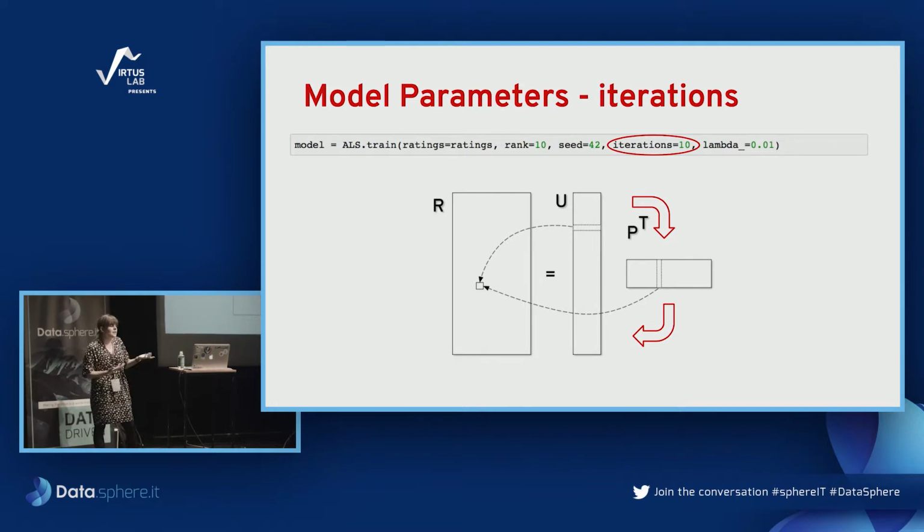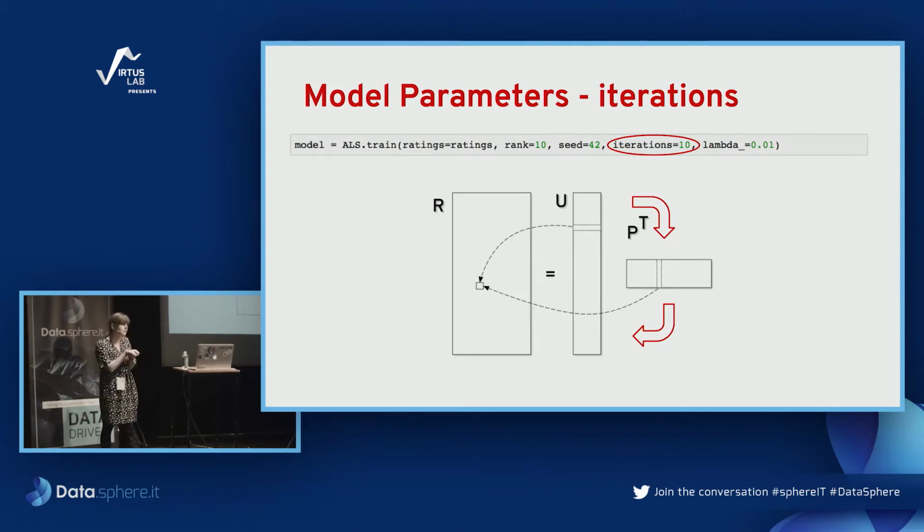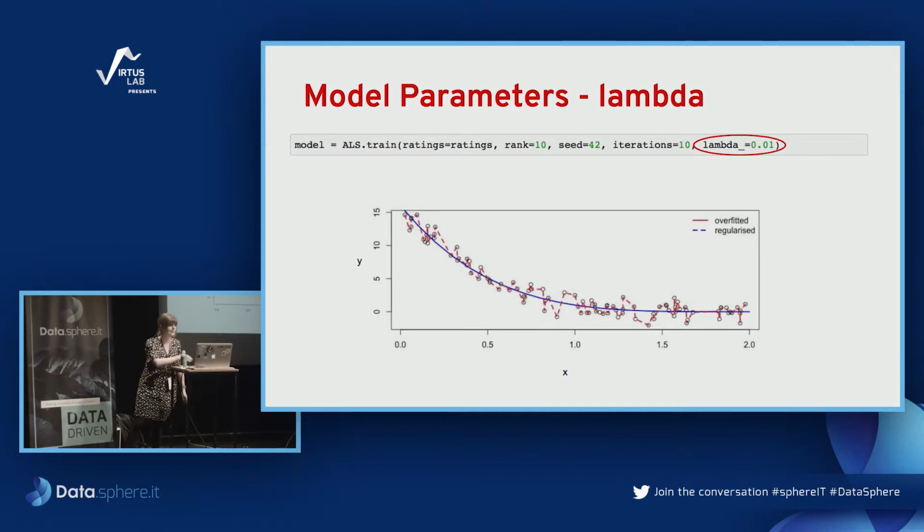In order to get these matrices U and P, the way that alternating least squares works is that first we fix U, we optimize for P, and then we fix P and optimize for U, and we repeat this process. The more times you repeat, the more accurate the results are. And iterations is the parameter that controls how many times we do that.